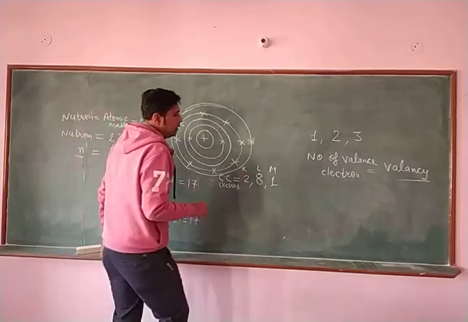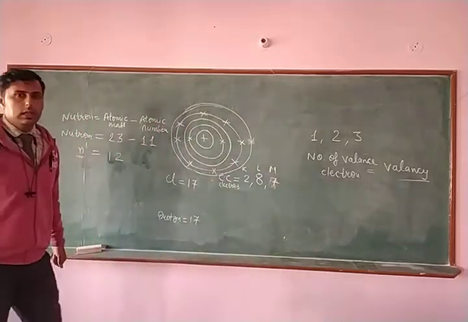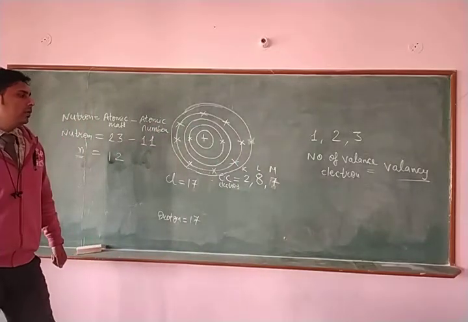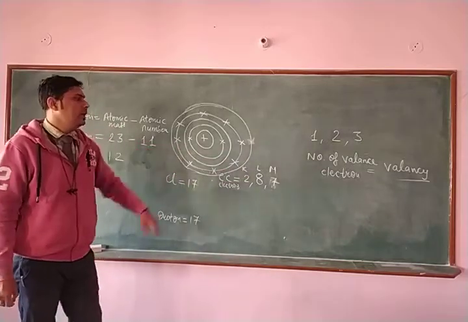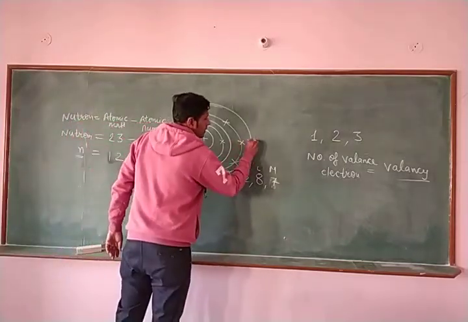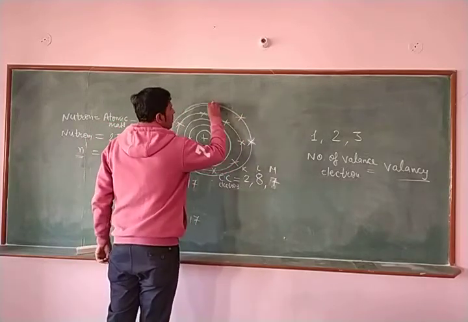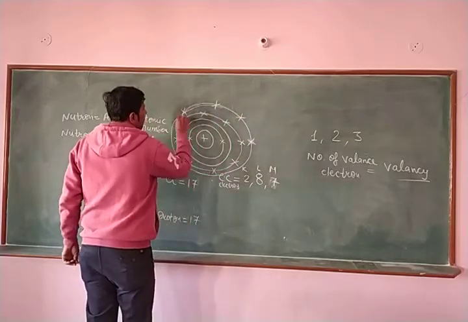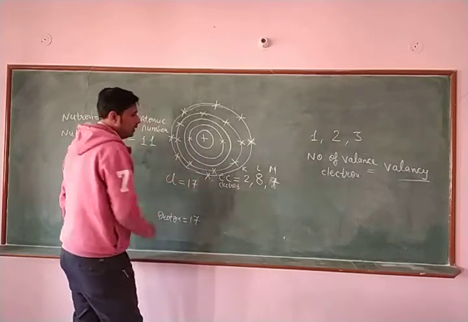So 2, 8, 7. This will be the electronic configuration for chlorine. 7 will be the number of electrons present in the outermost shell of chlorine.